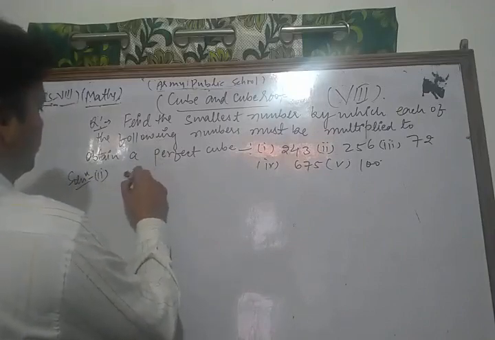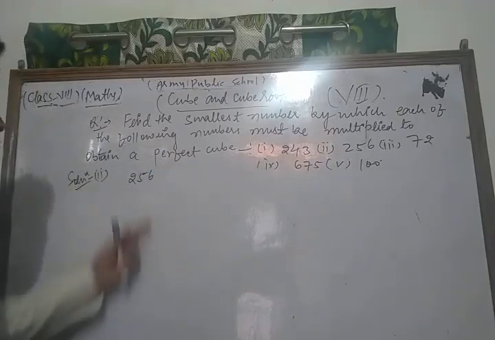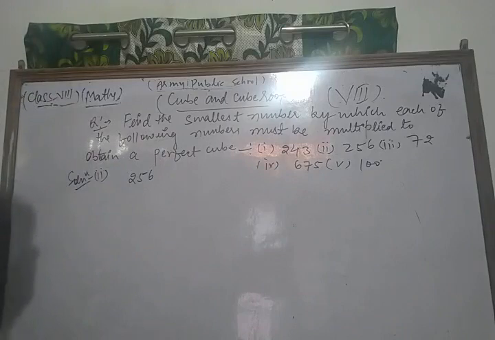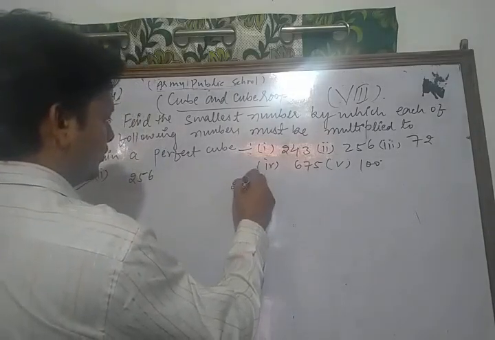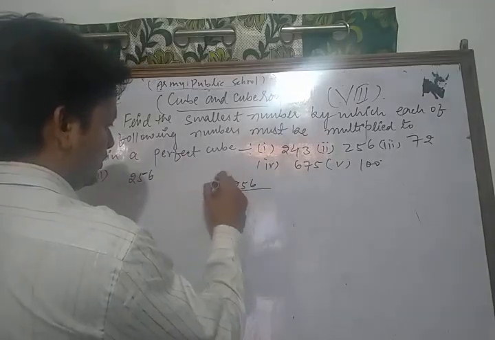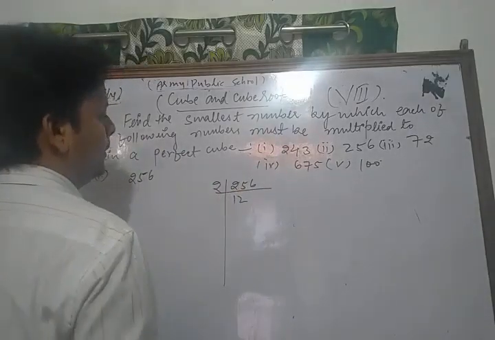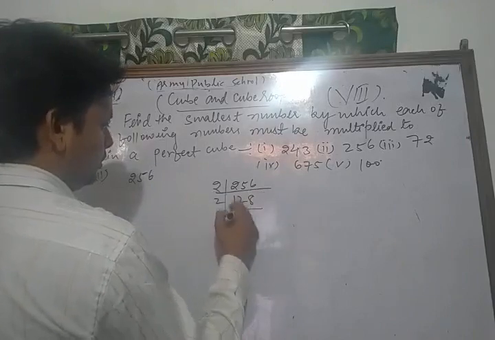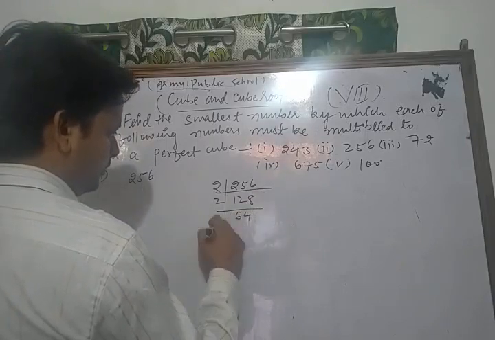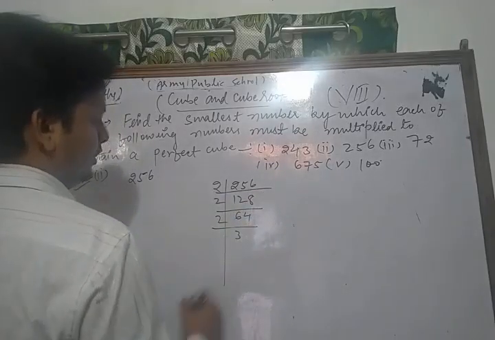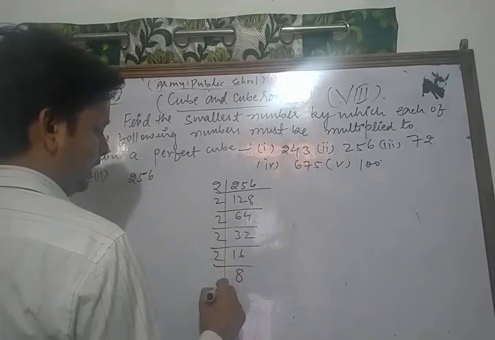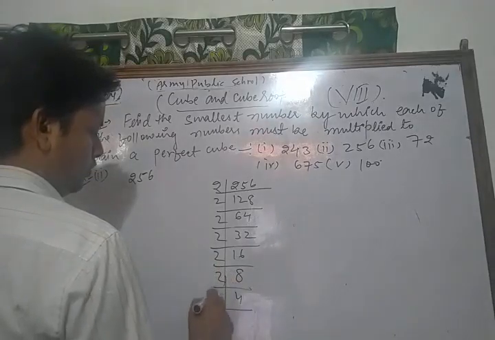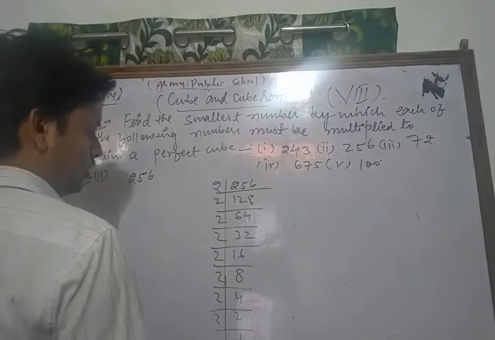Which is 256. First we do the prime factorization of 256. Divide by 2: 2 times 1 is 2, 2 times 4 is 8, and so on, again by 2, down to 2, 2, 1.